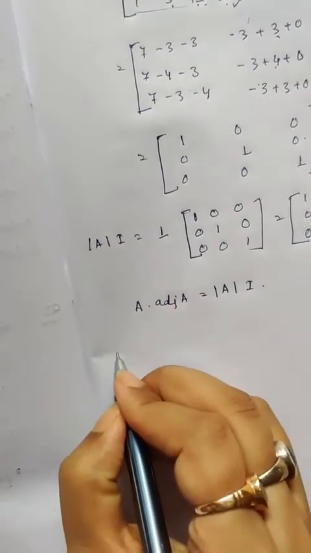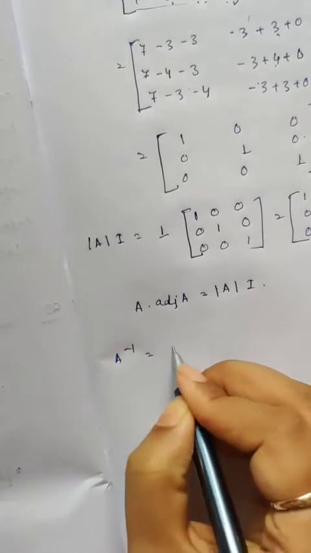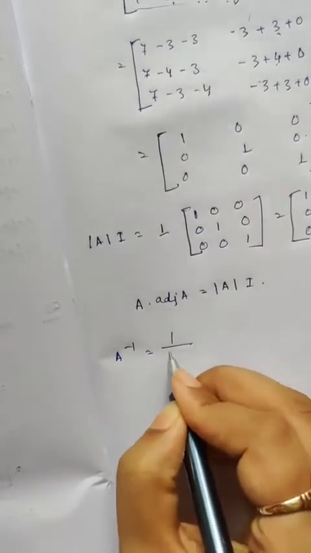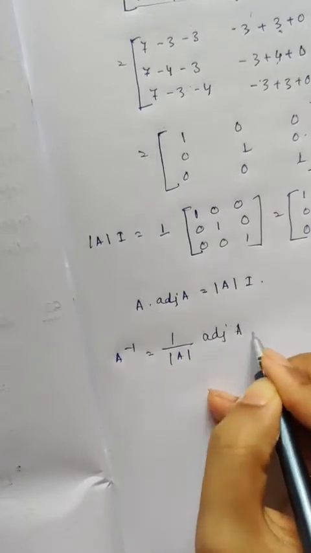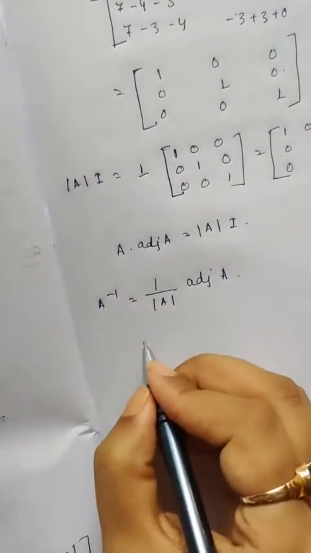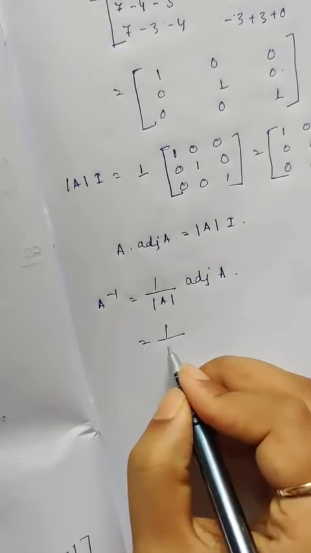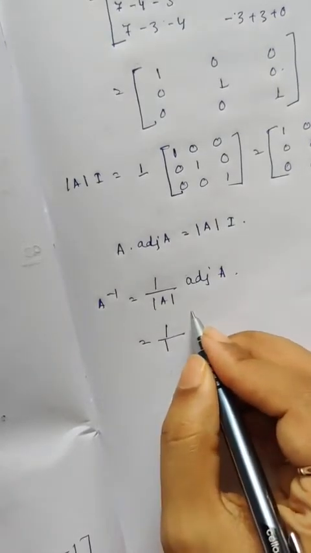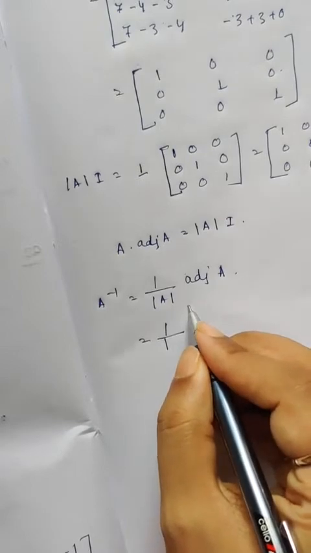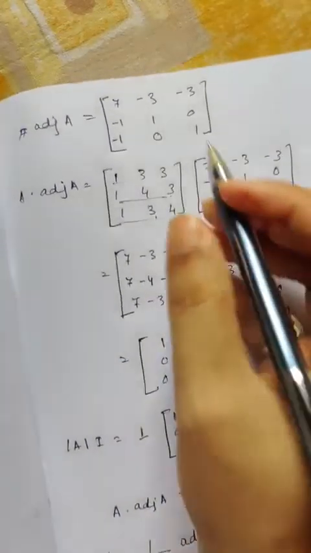Now we will find A inverse. So to find A inverse, our formula is 1 by determinant of A into adjoint of A. This is our formula. So the value of determinant A is 1. Now adjoint A is the matrix, this one.